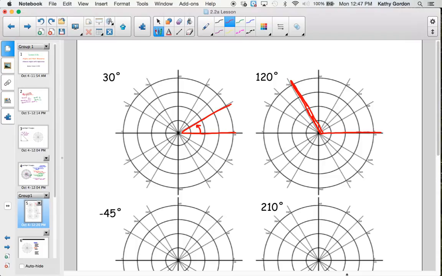Everybody agree with that? And which way did you rotate? This way? So again, positive 120 means rotating counterclockwise, but this time notice we went beyond that 90-degree mark. We're over here a little bit farther now into something that's more obtuse. Okay?